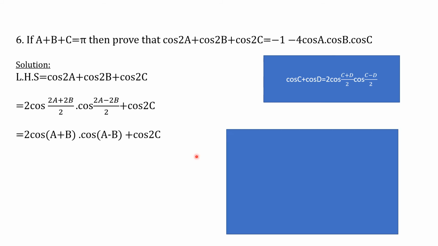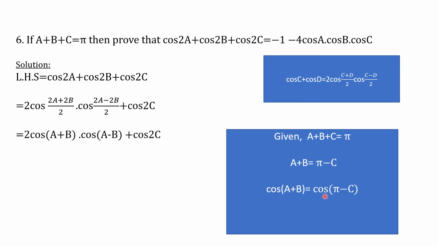Thereafter, again by question, we are provided a plus b plus c equal to pi. So we can write this as a plus b is equal to pi minus c. Now, shall we divide both the sides by 2? No, because here just below a plus b there is no 2. Nothing is in denominator. So we didn't divide. Simply we'll operate cos, because here is cos. So we have operated cos on both the sides.